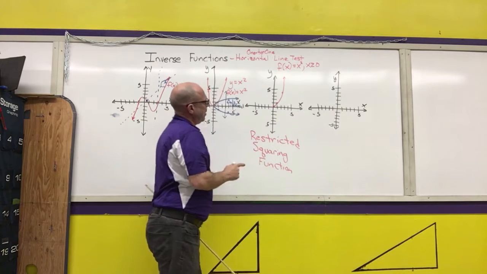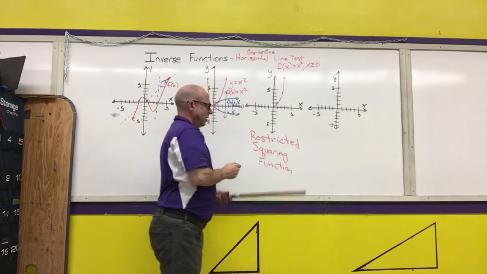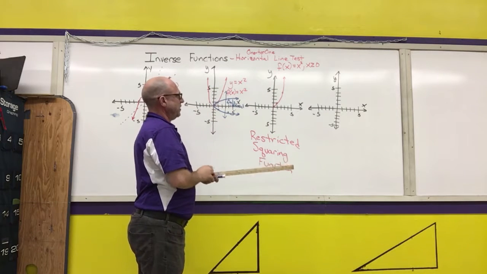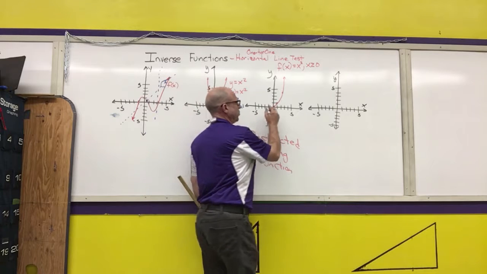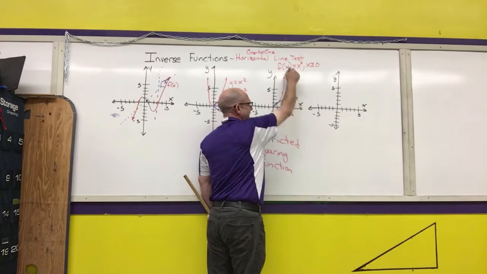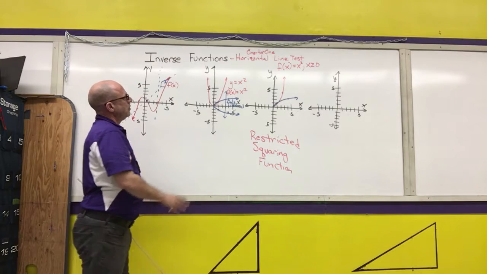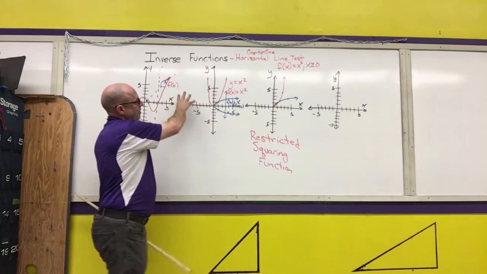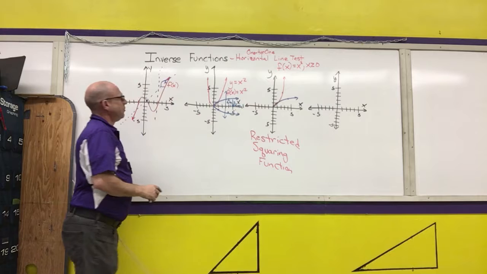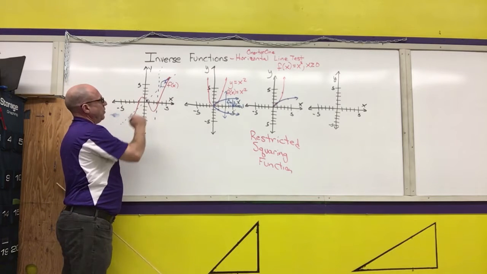And you should notice now that that does pass the horizontal line test. And if I were to graph its inverse, which is the square root function, it now passes the vertical line test. So I can take any function I want to, and I can restrict its domain in order to get it to be 1-to-1.